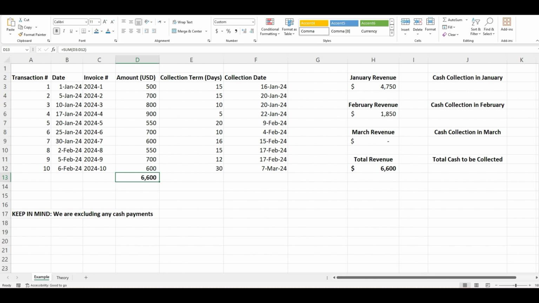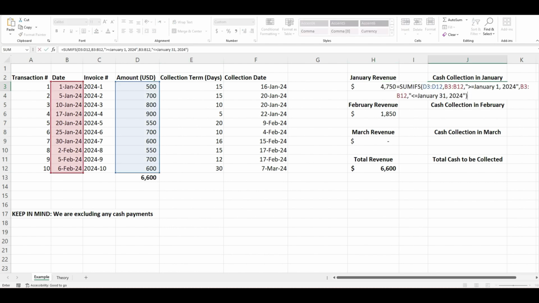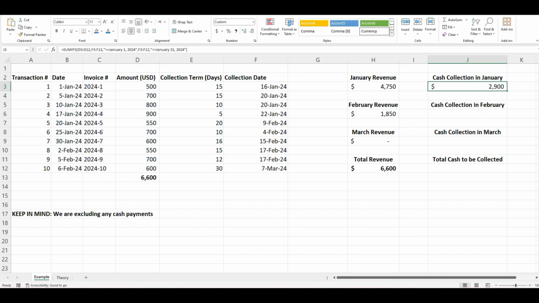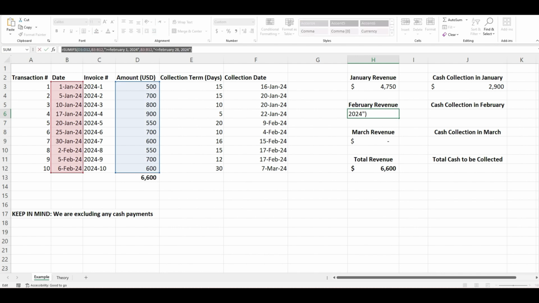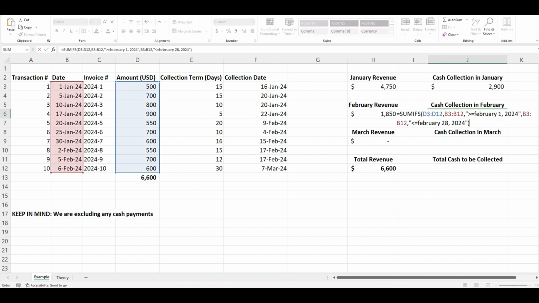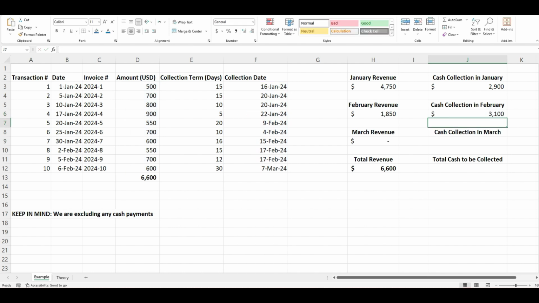Now let's look at the cash collection. The cash collection depends on the same formula. However, the criteria will be based on the collection date. So I'm gonna take the same formula and I'm gonna apply it over here. However, the criteria will depend on the collection date. We do this all over. We move the transaction date to the collection date.